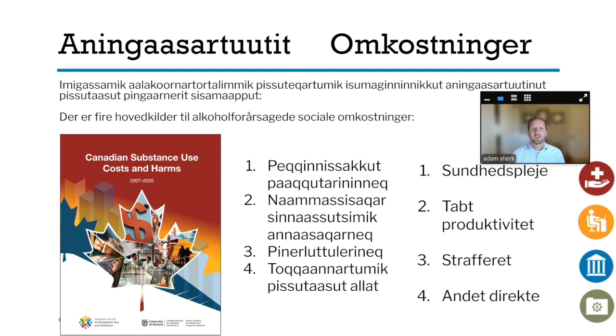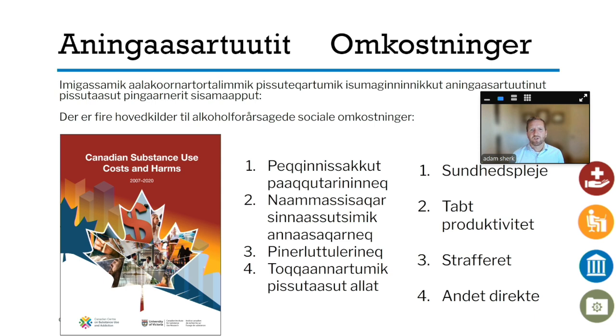The healthcare cost of hospital stays, physicians, nurses, and pharmaceuticals all go into the healthcare bucket, and we look at which of those costs are caused by alcohol, which would not have occurred in the absence of alcohol use. So when someone goes to the hospital or goes to see a doctor because of a health condition caused by their drinking, things like cancer, heart disease, stroke, alcohol dependence, or a car crash that was caused by alcohol, these are tallied in the healthcare section.